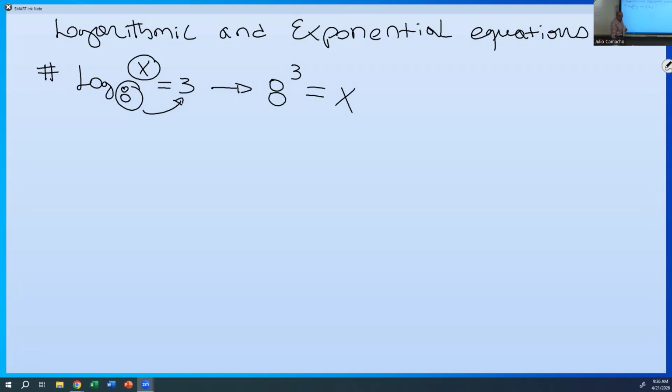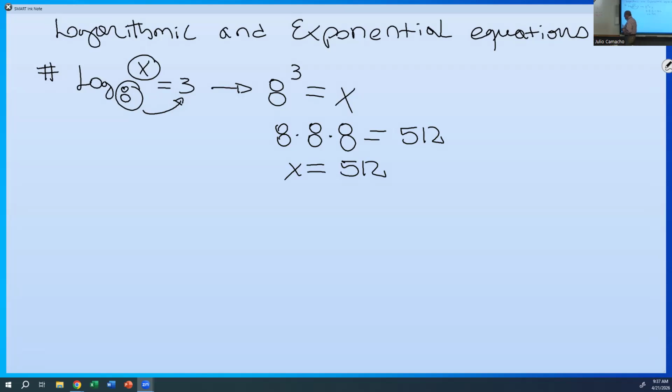If we expand 8 to the third power, it is 8 times 8 times 8. And you need to use your calculators to do that. 512. So we know that the value of x for this problem is 512.